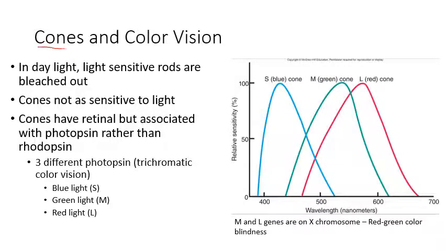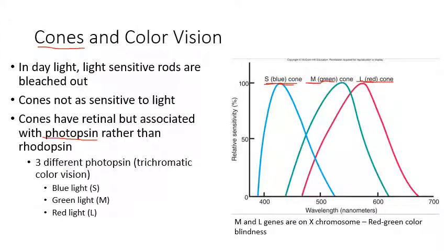All right, so now with the cones, that was with the rods, we had rhodopsin. In this case, the cones contain a pigment called photopsin. And we have three different types of cones: S cones, S for short wavelength, which are the blue cones; the M, or medium wavelength, our green cones; and then we have our L, long wavelength, or red cones.